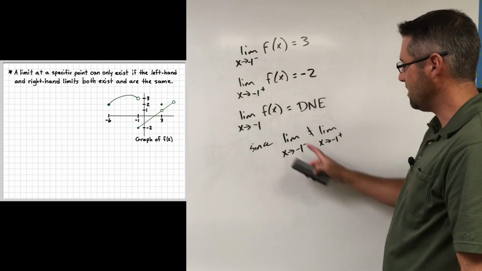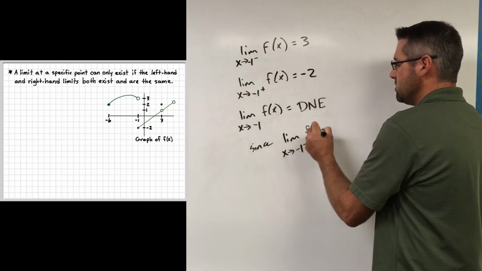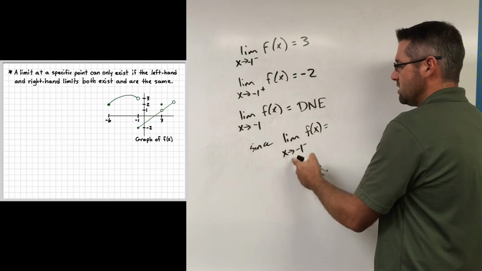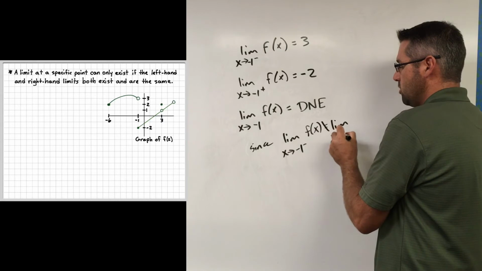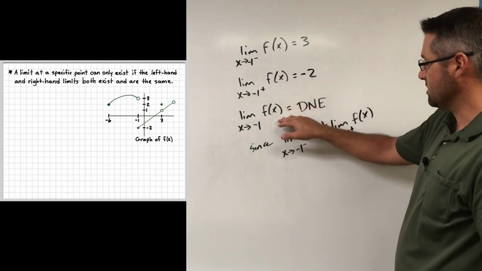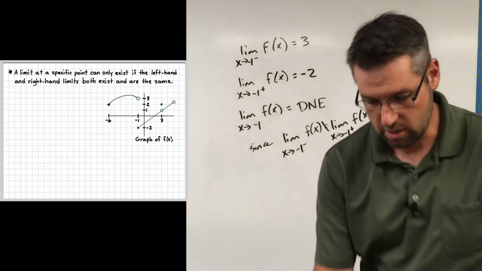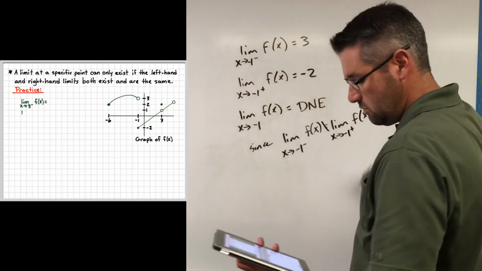You have to have a subject for your verb. So you've got to have that f of x or g of x or whatever the function's name is in there. So the limit as x approaches -1 from the left of f of x is not equal to the limit as x approaches -1 from the right of f of x. So the limit does not exist because the left and right hand limits are not the same. All right. Go ahead and give this one a shot and see what you come up with.